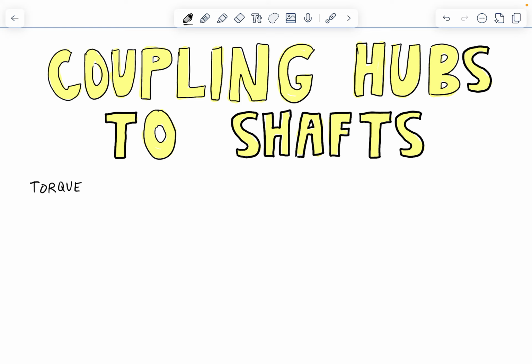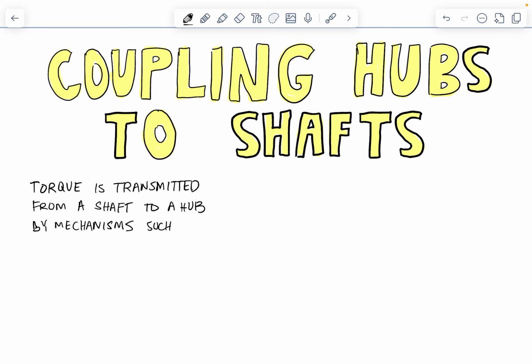Torque is transmitted from a shaft to a hub by mechanisms such as keys, splines, press fits or interference fits.